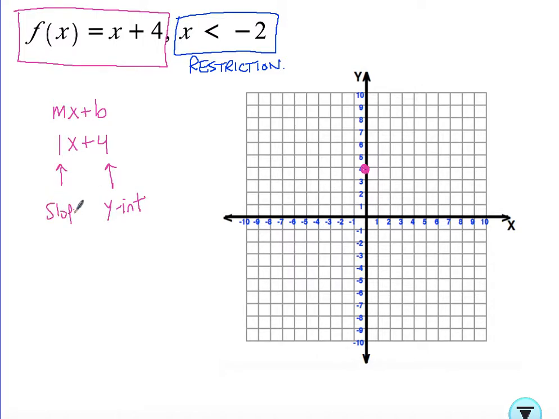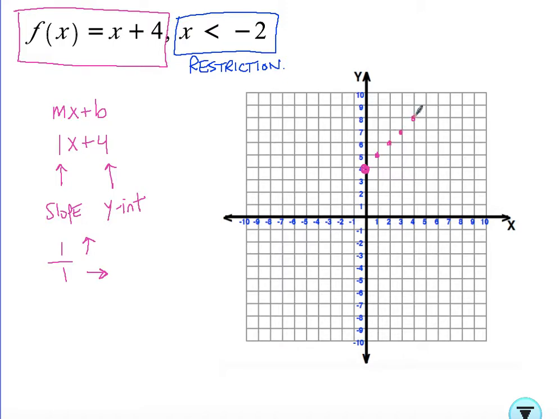So if my slope is a 1, I can put it over 1. And then remember, the top is your up or down. And since that's a positive one, we're going up 1. And then the bottom number is how far we're going to go over. And since it's positive, we're going to the right. So from 4, we're going to go up 1 over 1, up 1 over 1.